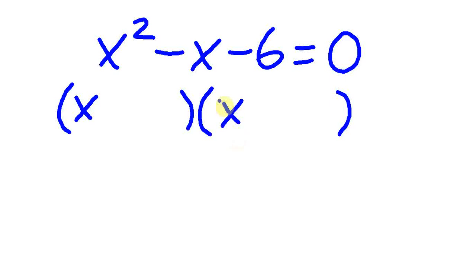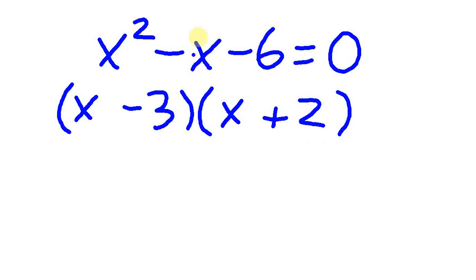You'll notice it's just a 1 here and a 1 here, because my x squared has a coefficient of 1. Next you'll look at what numbers multiply to -6 and add to -1. That would be -3 and +2.